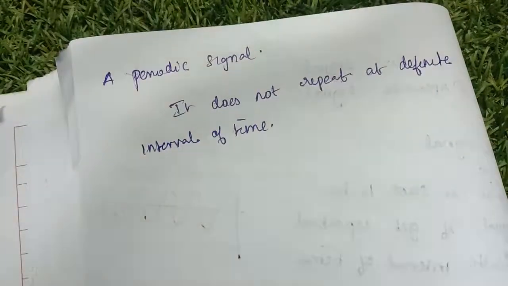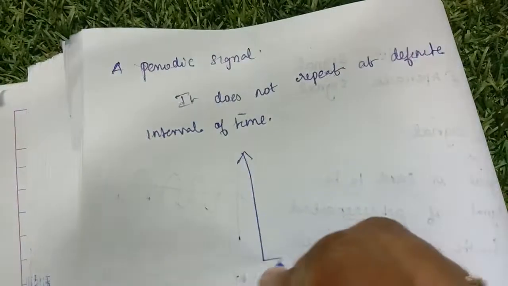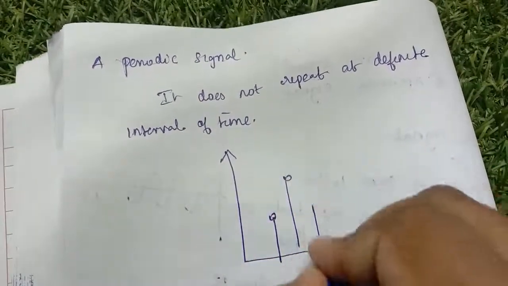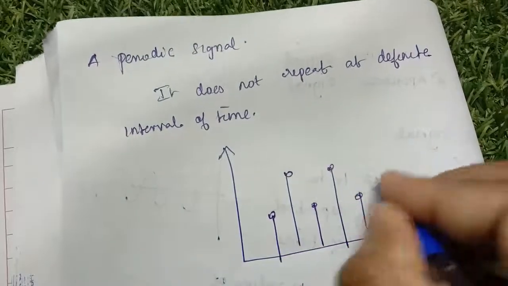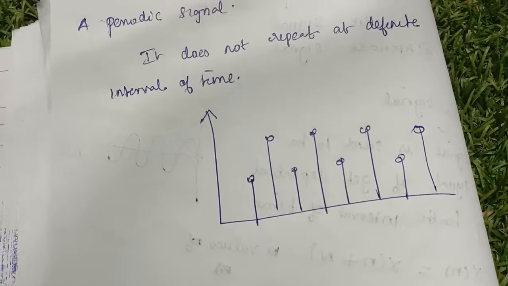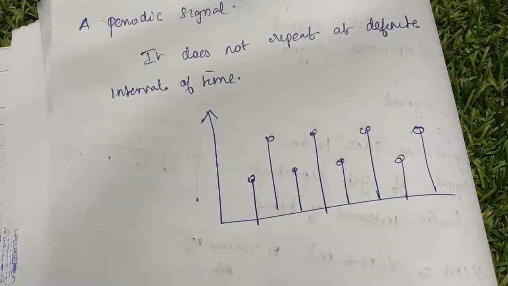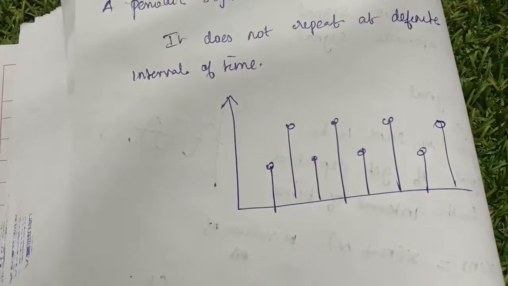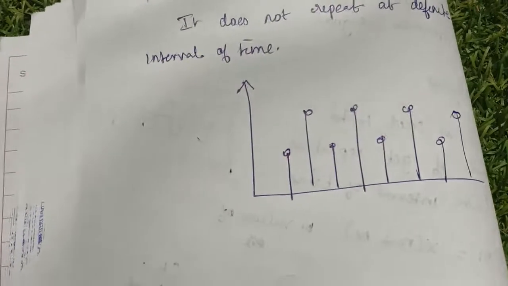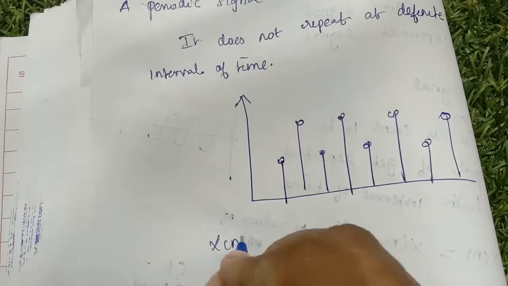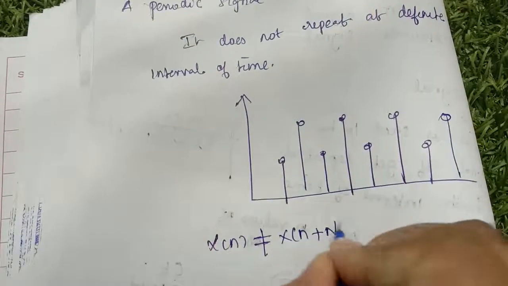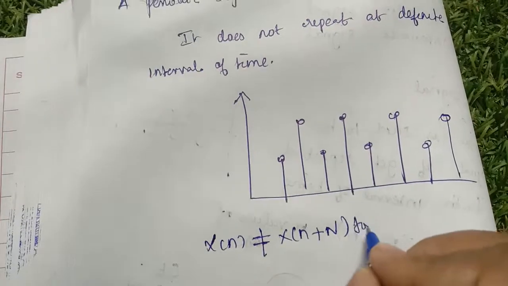Now we are studying the discrete signal, so I can give you an example for a discrete signal. It won't be a repeating interval, it may be like this. This is called an aperiodic signal. And how do we say this mathematically, with what relationship for aperiodic? x of n is not equal to x of n plus N for all n.